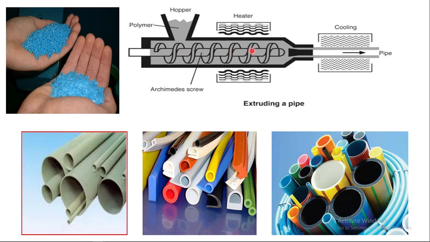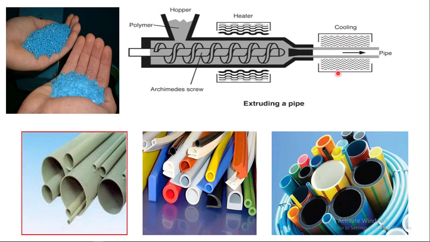After driving by the screw, heat is applied here. Heat is applied at less than 260 degrees centigrade for converting the solid plastic into liquid form. After that, the pressing process is done. Due to this profile, circular tubes or pipes are produced.